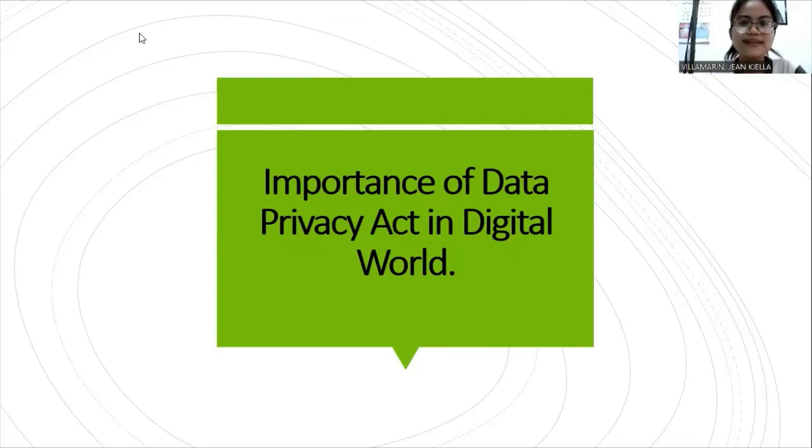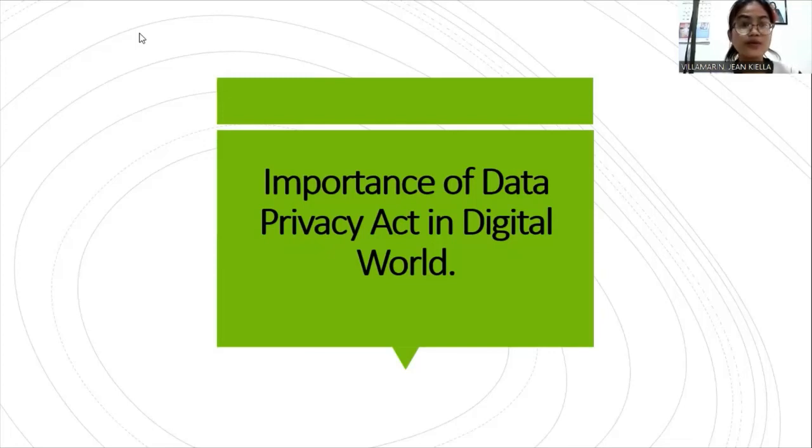With that being said, the Data Privacy Act is important in the digital world, because even though we commit mistakes, because again, we are just human beings, the Data Privacy Act is there to protect ourselves. The Data Privacy Act represents the law. If we commit mistakes in the digital world, the Data Privacy Act is the one authorized to protect us.